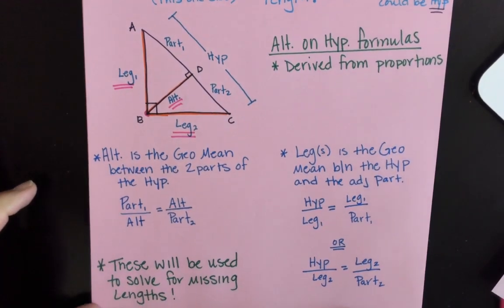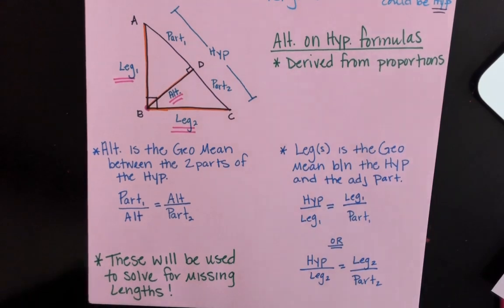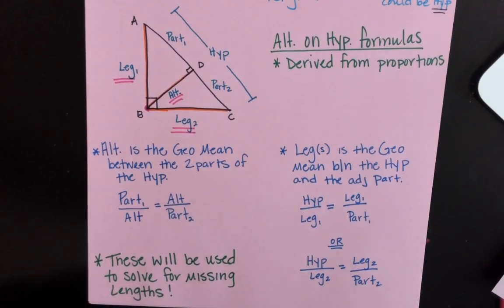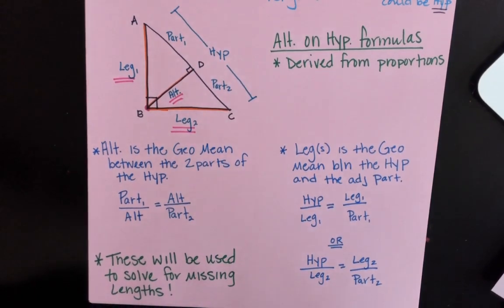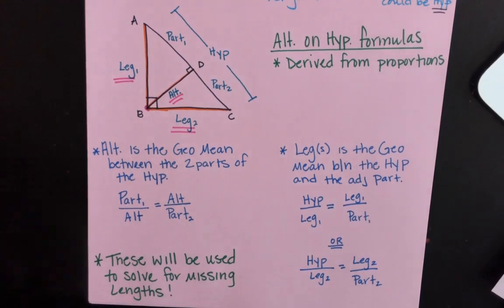Not to mention, it's a nice bit of a shortcut, so you don't have to go through all the steps of, okay, they're similar, and now that they're similar, I can set up my proportionality statement, and now that I have my proportionality statement, I can use my means extremes product theorem, so cross multiply, and go through everything. So these three you can use to solve for lengths. Okay. That is one way we can do this.